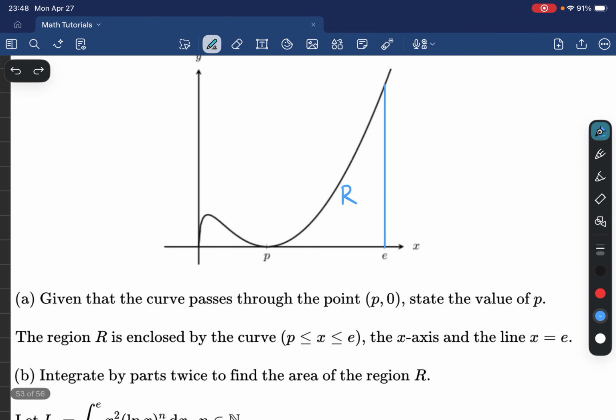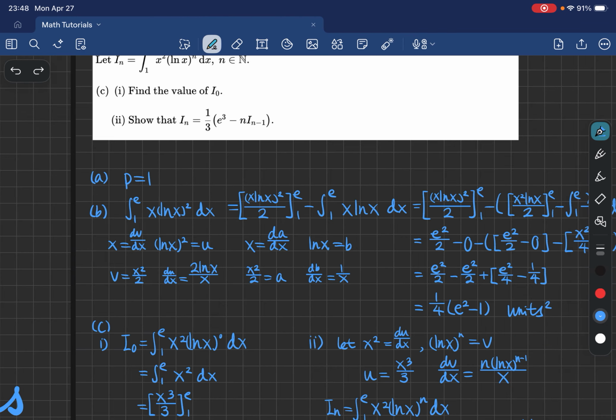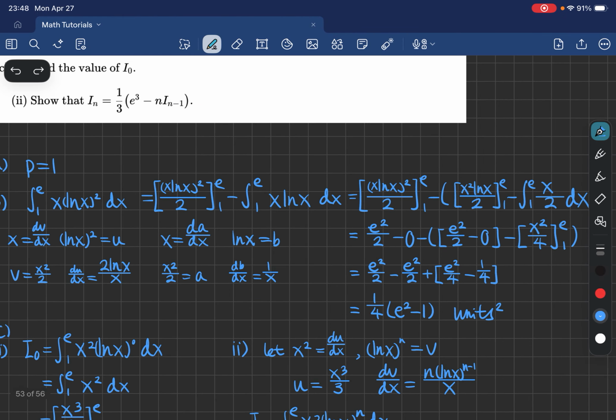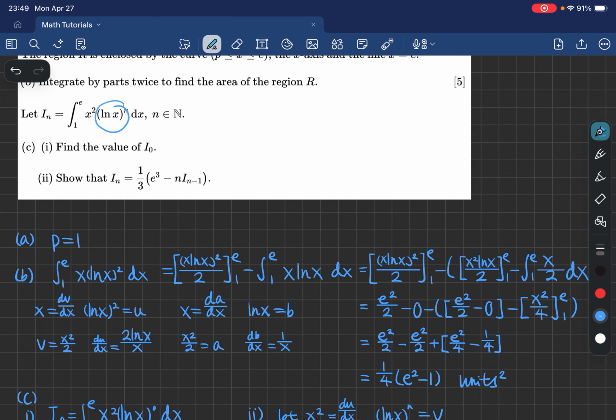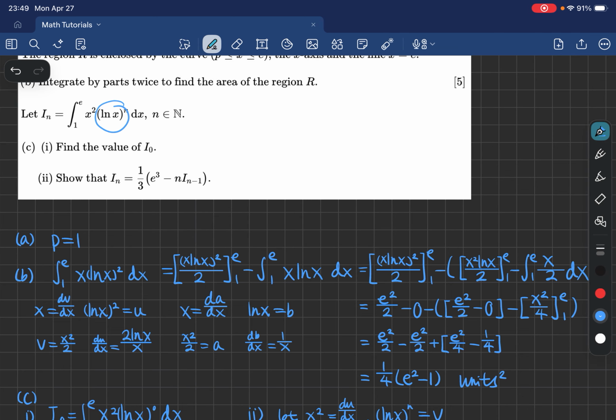And also, since the previous one used integration by parts, you could probably guess that this one also involves the skill. So for the function in here, I let x squared equal du over dx, it's algebraic, and I let ln x to the n be the v.